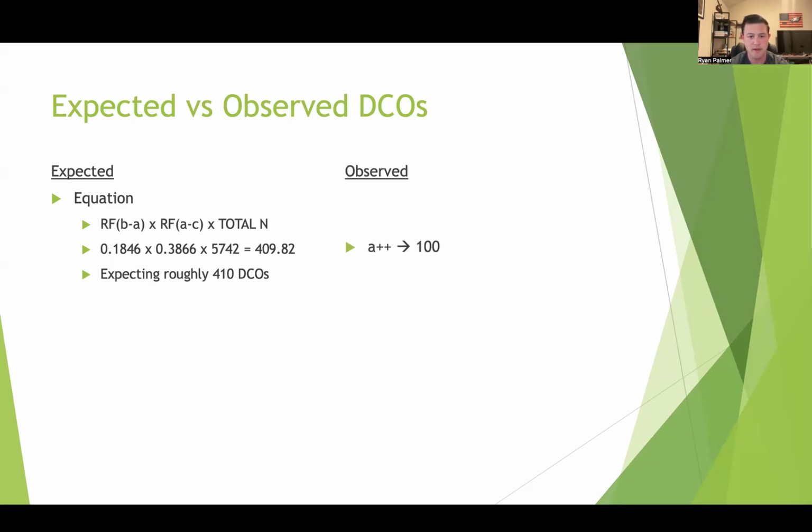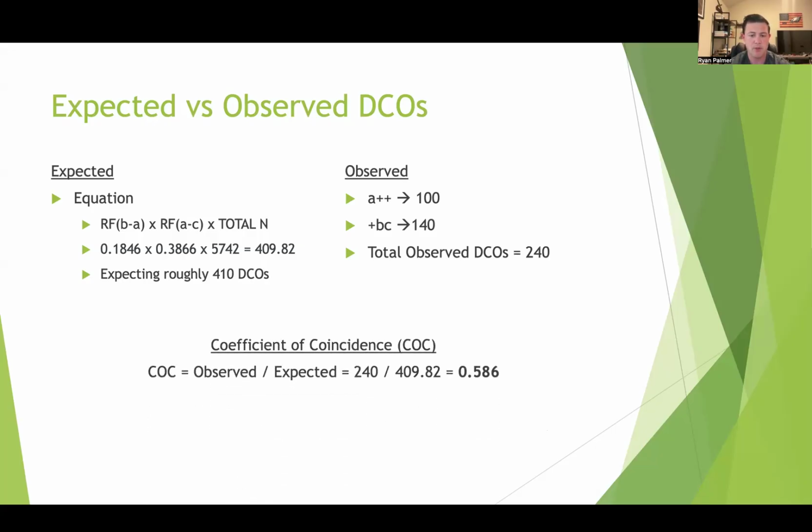Now observed, we had two double crossovers. We find the sum of those is 240. So we expected 410 roughly. We observed 240. Why is that? So we'll find our coefficient of coincidence, or COC. Simply put, we have our observed double crossovers over our expected, 240 divided by 409.82.